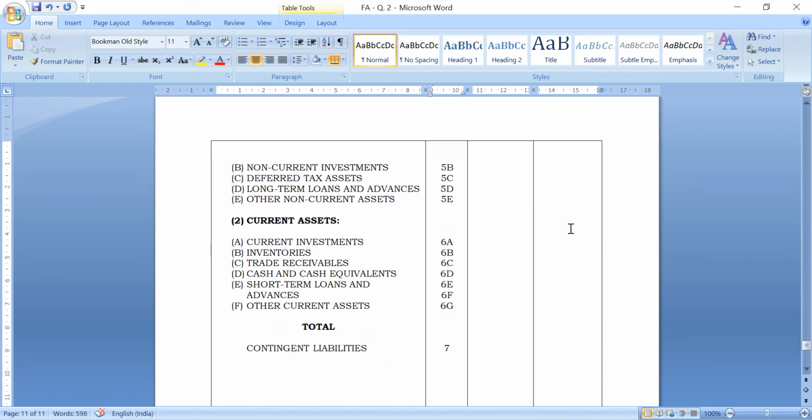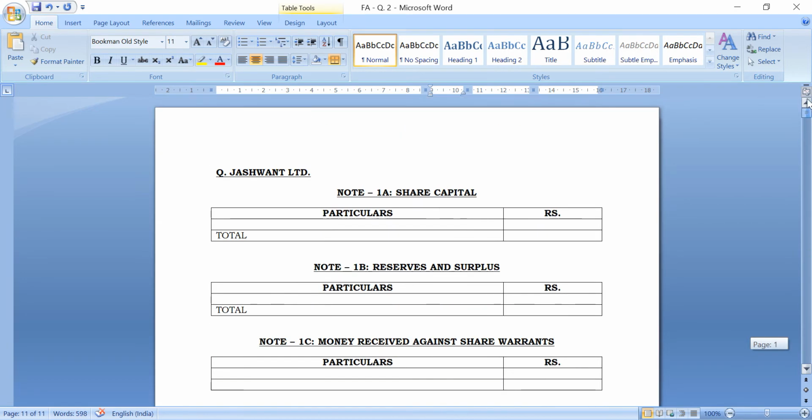In the end we will total everything in the P&L statement and balance sheet, and then we will put all the entries. So this is quite time consuming, I know that, and you will do the same thing again and again in the examination also.